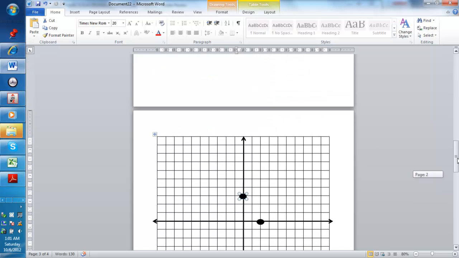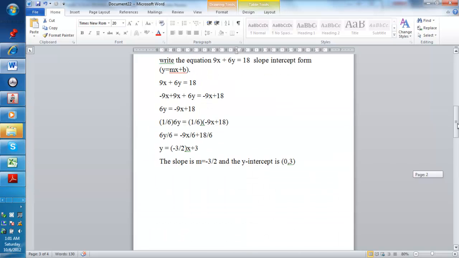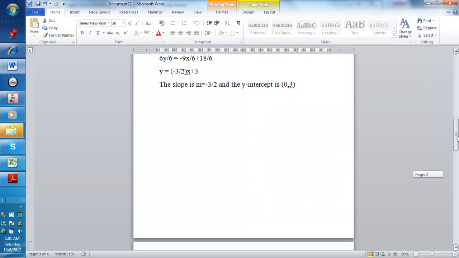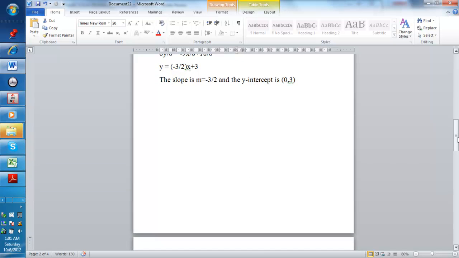So I can plot those 2 points to help me graph the line. If you recall, the slope is negative 3/2. That means on the line we're going to show a rate of decrease where the line goes down 3 and to the right 2.